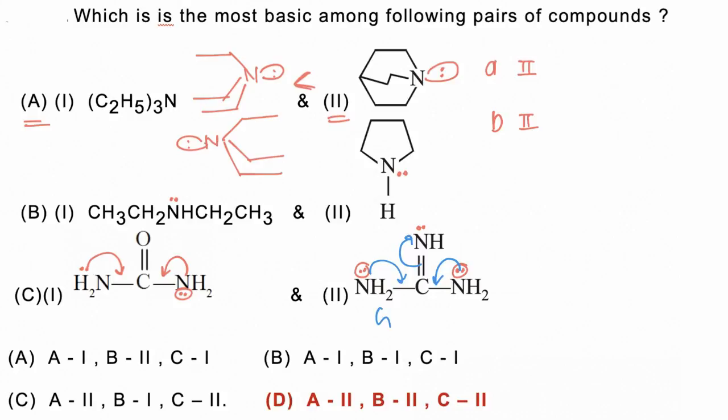This compound is known as guanidine, and guanidine is one of the strongest bases, so in C also the second is more basic. So in all the cases the second is more basic than the first, and hence the correct answer is D.